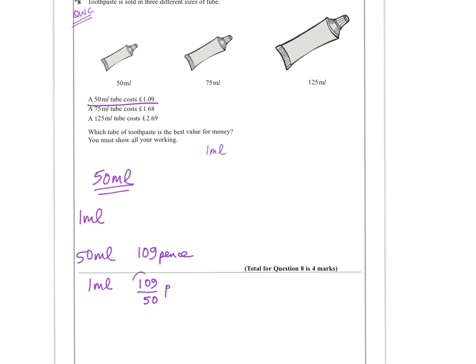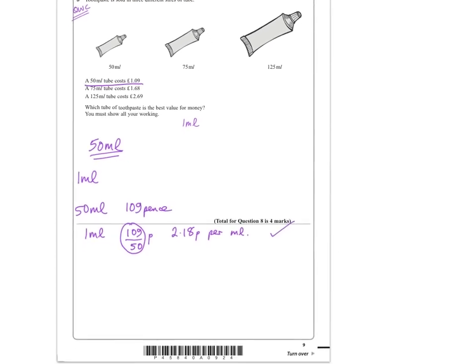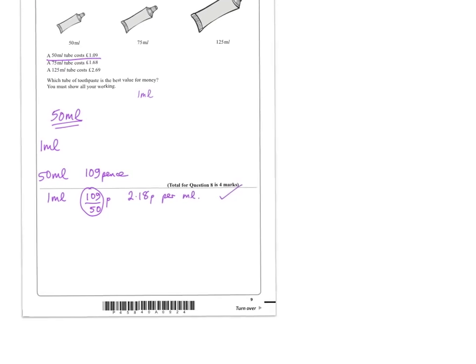So if we can do that on your calculator, so thank goodness it is a calculator paper. So we've got 109 divided by 50, and that gives us 2.18 pence per millilitre.